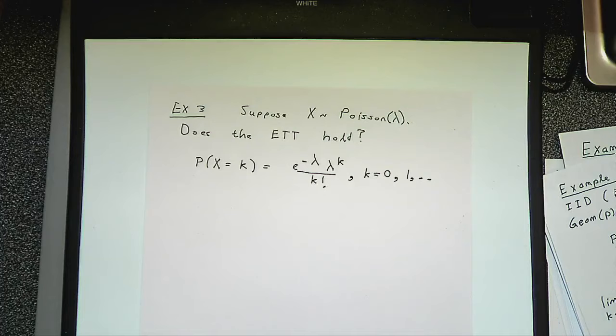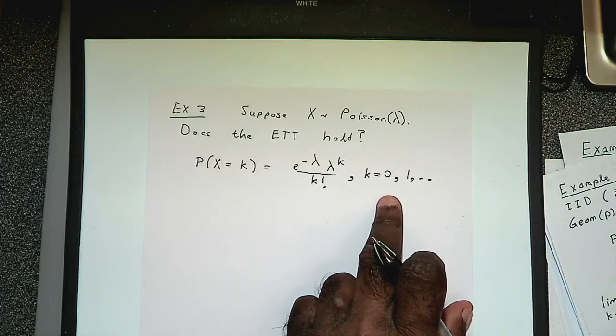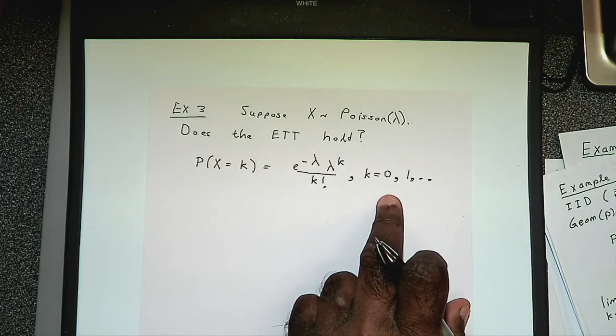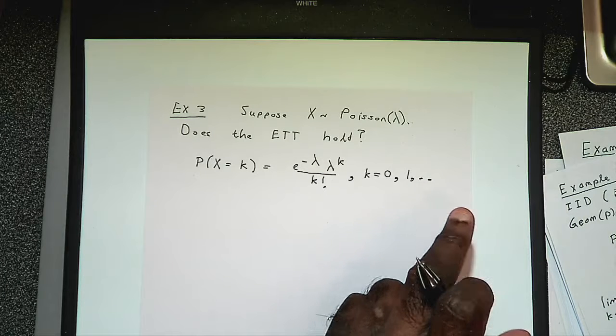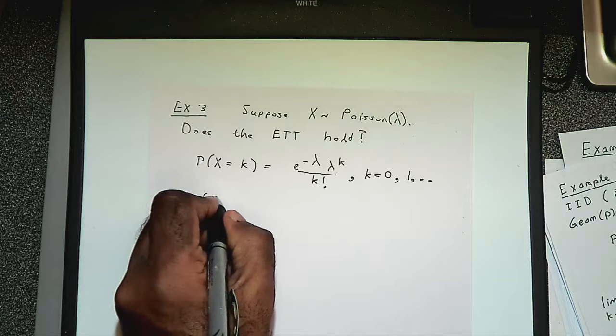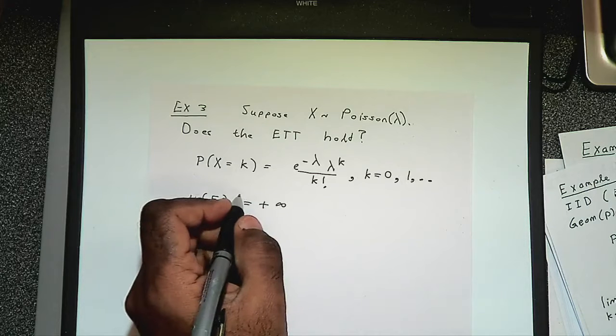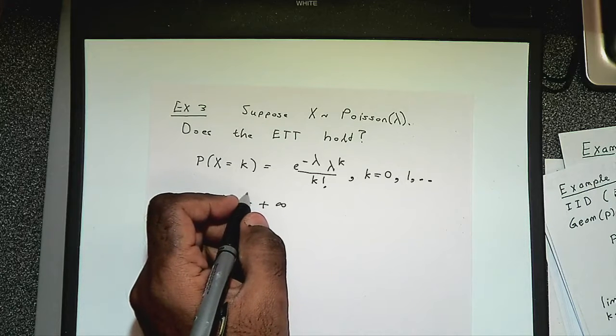Yeah, this is the probability mass function of the Poisson. So once again, if you look at the domain of the Poisson, it goes from 0, 1 up to infinity. So it should be clear to you that W of F is infinity.